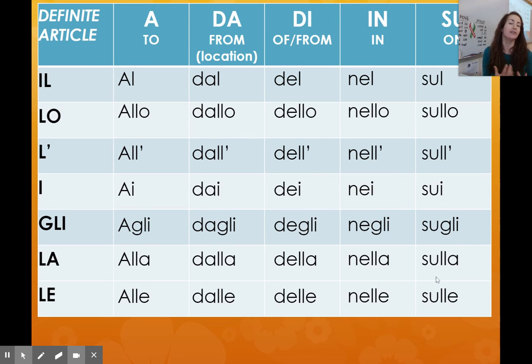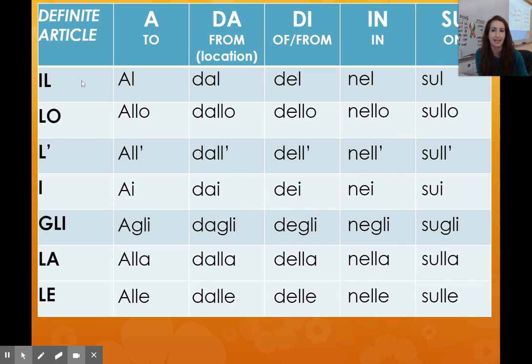So again, it makes a little bit of a difference quando parliamo, when we're talking. However, it makes the biggest difference quando scriviamo, when we're writing. Now, is it the end of the world if, for example, you say in la scrivania? No, gli italiani, or quelli che parlano italiano, those that speak Italian will understand you if you say in la, okay, or in lo. Grammatically, this chart is what is correct, okay?